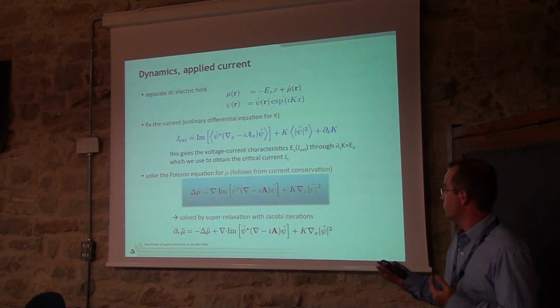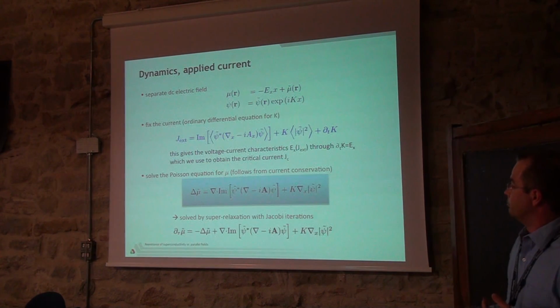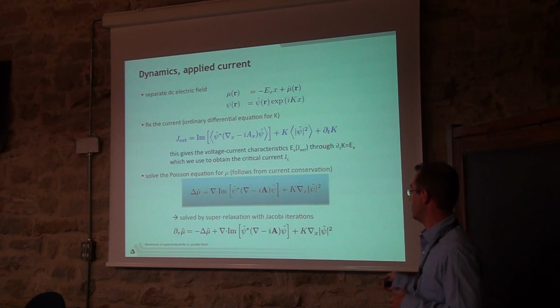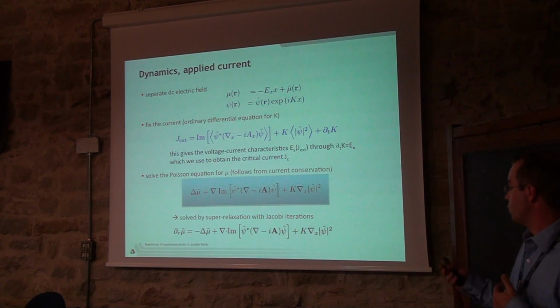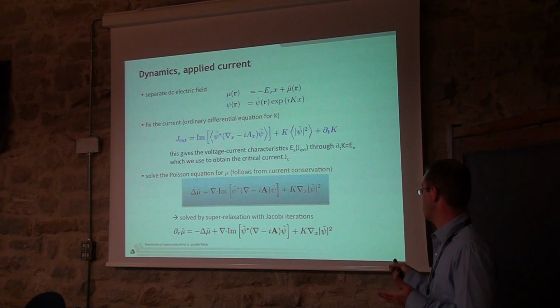For the scalar potential, you also need to solve the Poisson equation. Because of the complex boundary structure which we have typically, we have to do this in a little bit more complicated way than you might think is possible.